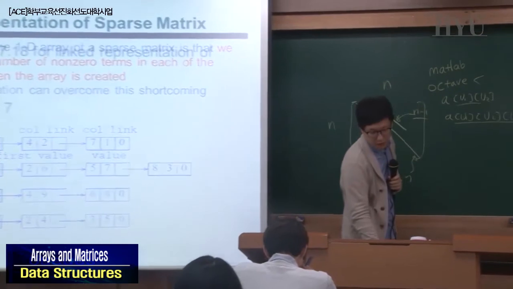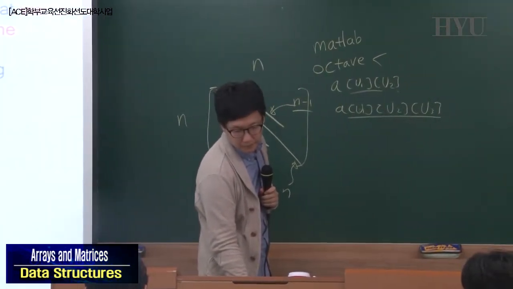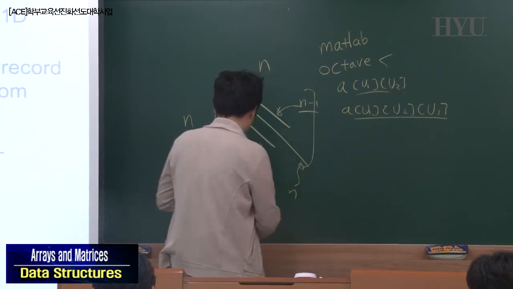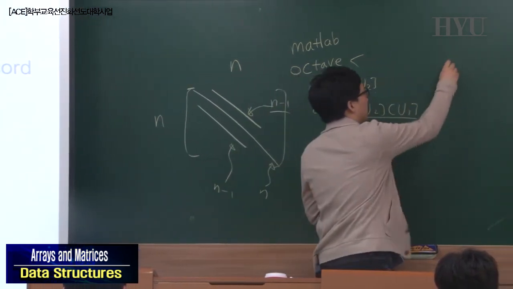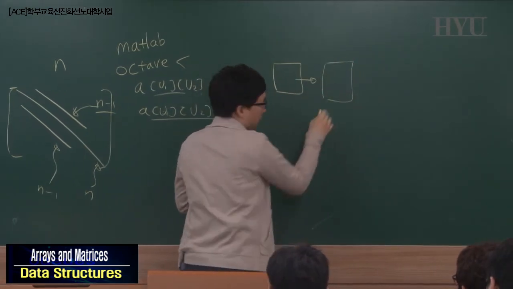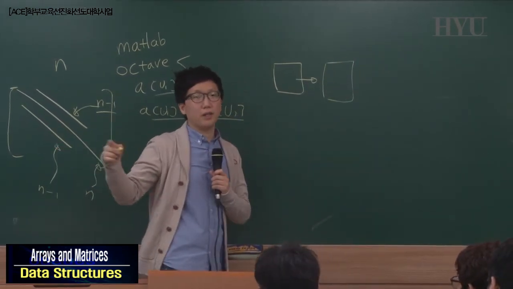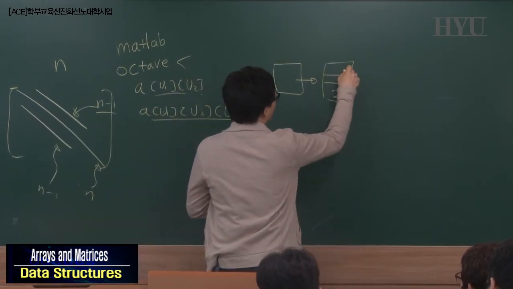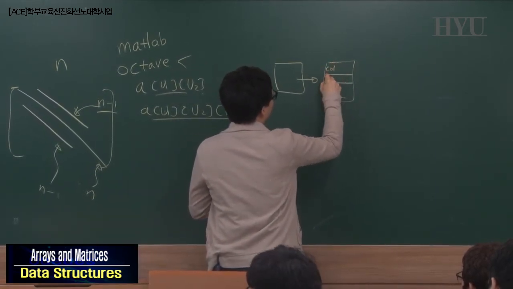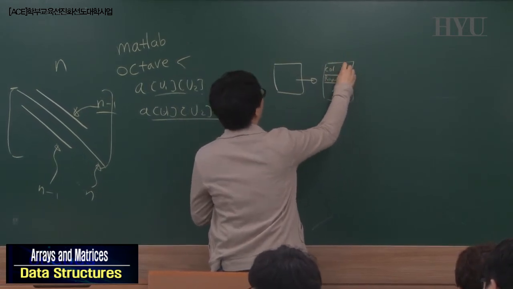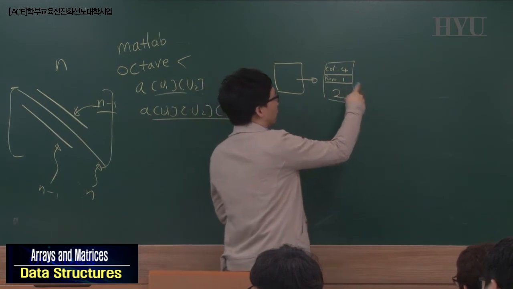For example, 0 0 2 0 0 0, I don't care. As soon as I see 2, data is 2, location: row 1, column 4. Got it.